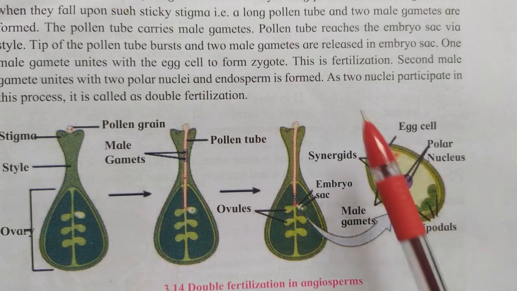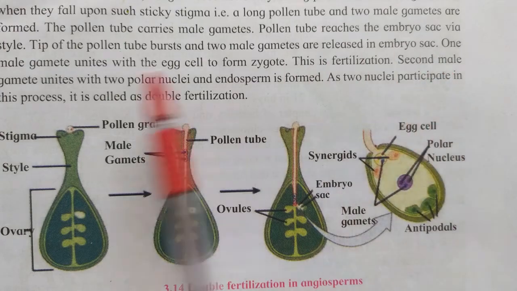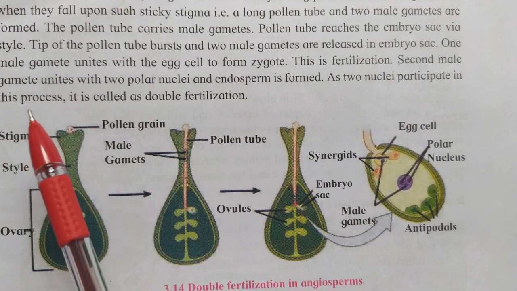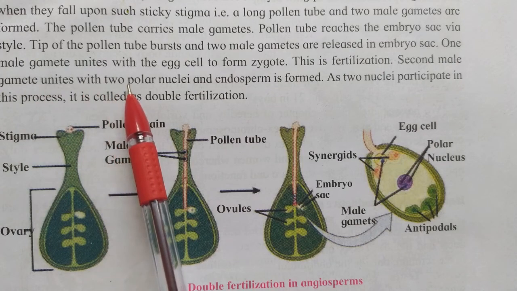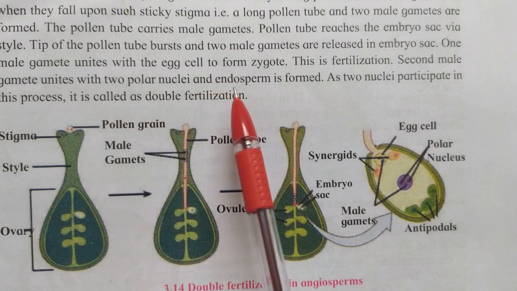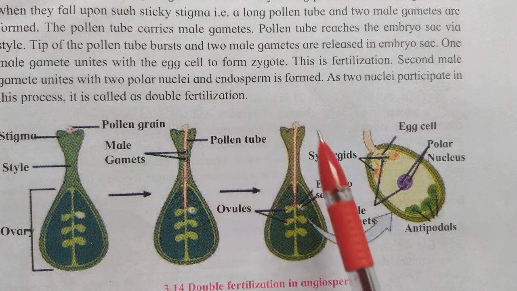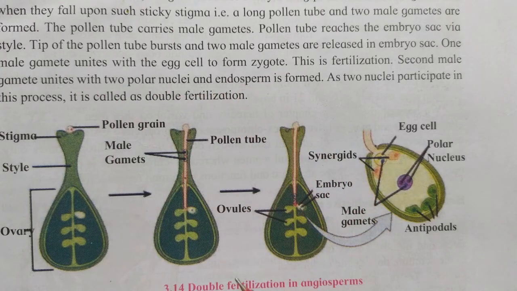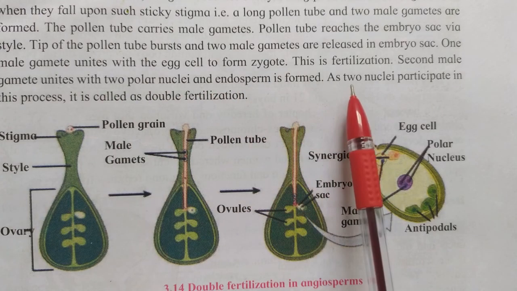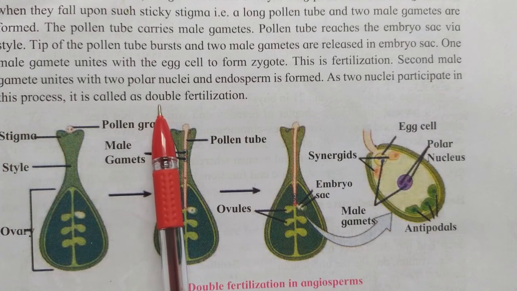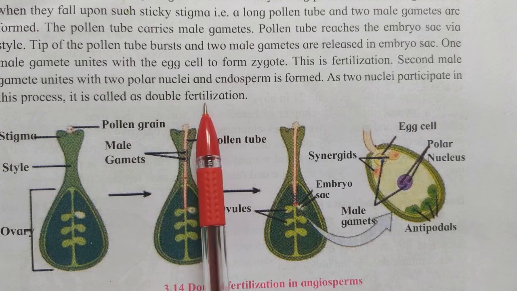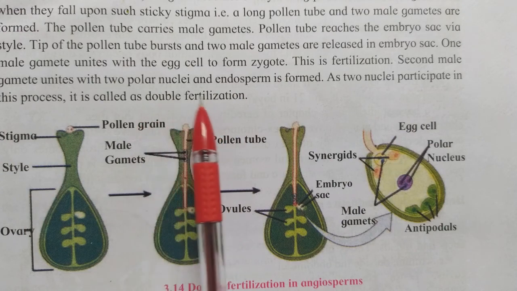Now the second male gamete, because there were two gametes, unites with two polar nuclei and endosperm is formed. As two nuclei participate in this process, it is also called as double fertilization, because fertilization happens two times.